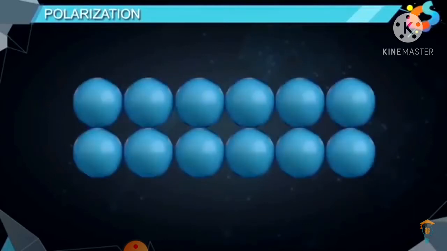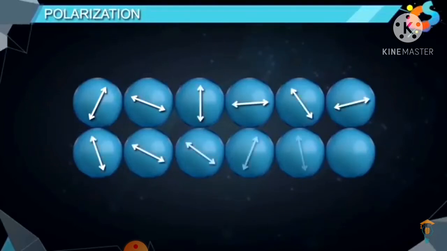We know that electromagnetic waves are produced by excited atoms. A particular atom may produce electric field vibrations in this direction. Its neighbor may produce vibrations in this direction. Similarly, different atoms of a material can produce vibrations in a variety of directions.